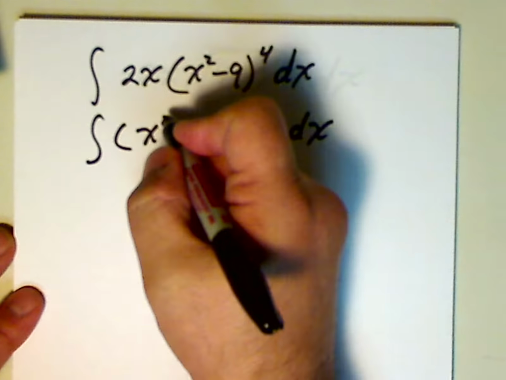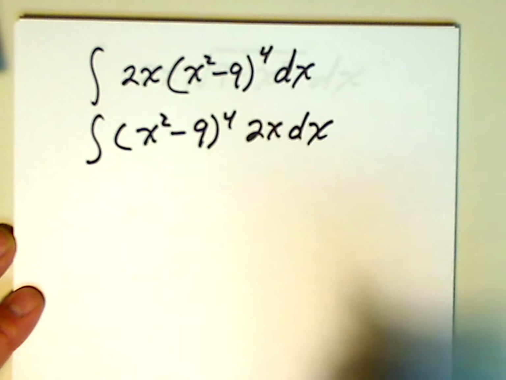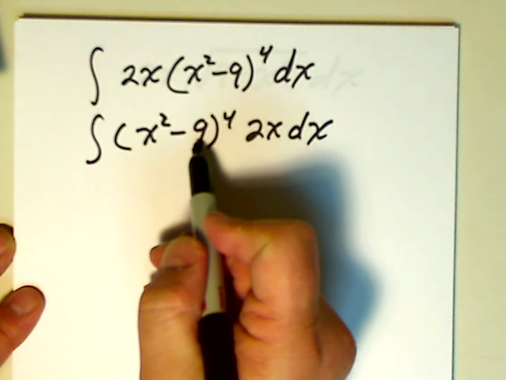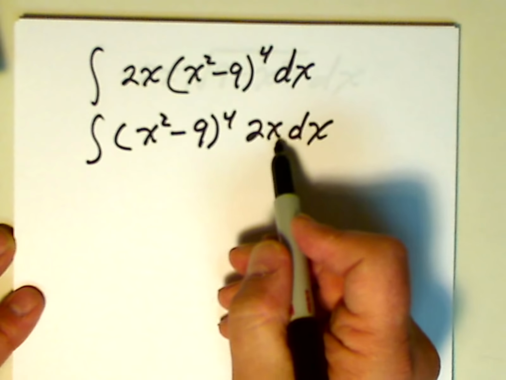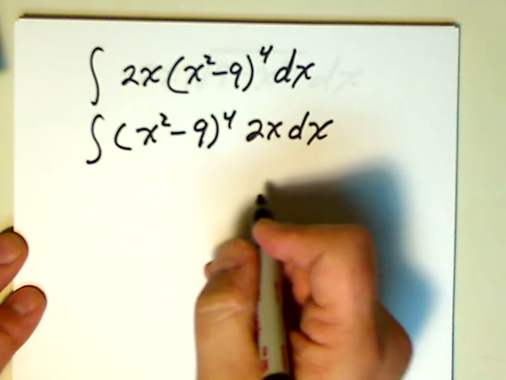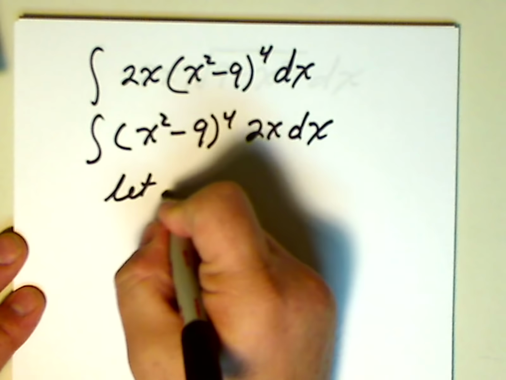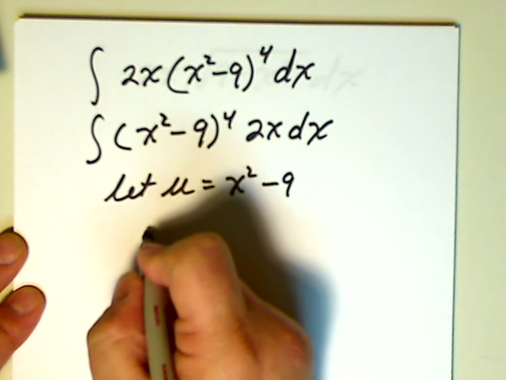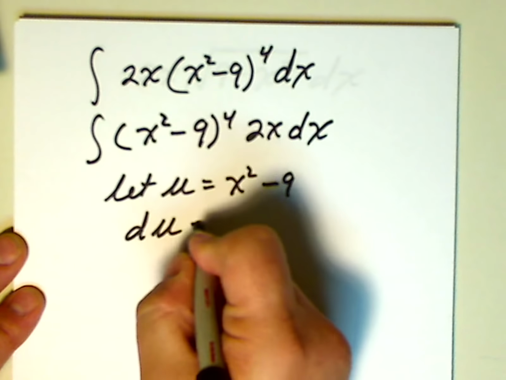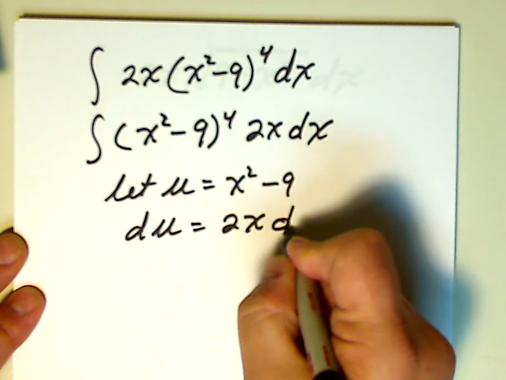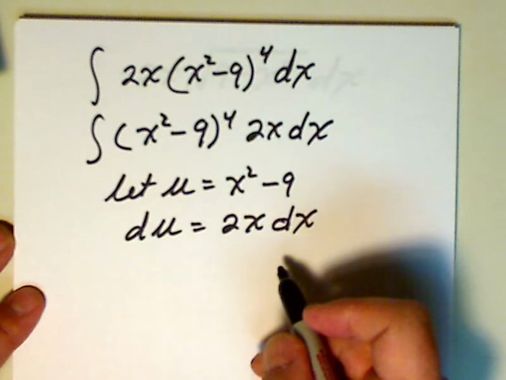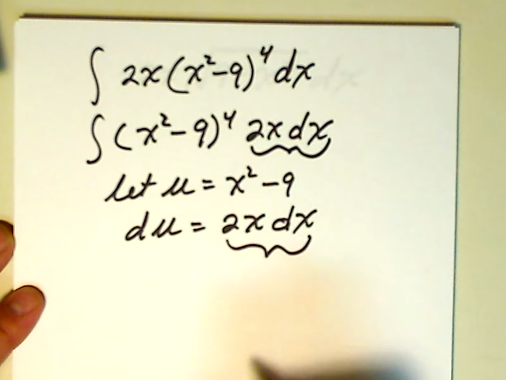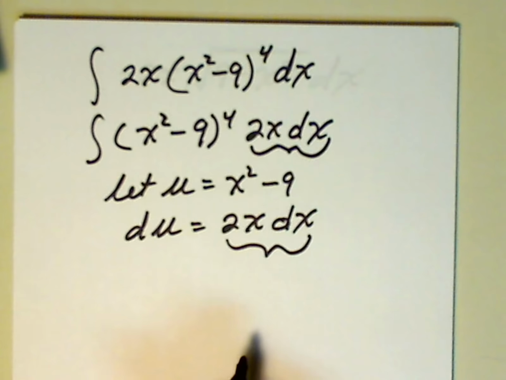And lo and behold, and it's no surprise because these problems are set up this way, the derivative of x squared minus 9 happens to be 2x. So let's let u equal x squared minus 9, and therefore du is equal to 2x dx, and that 2x dx is what we have sitting right over in the integrand.